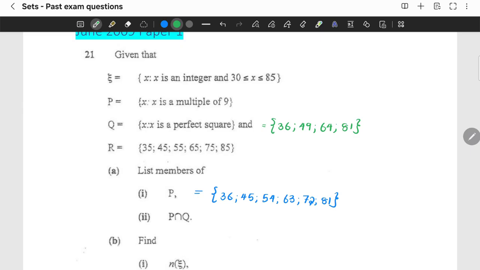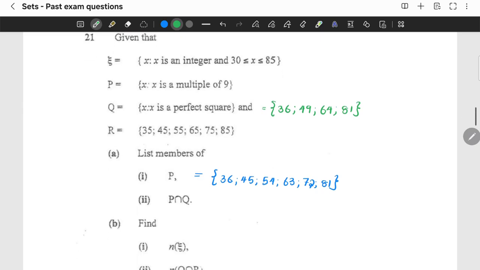Those are the perfect squares between 30 and 85. So now P intersection Q, we're looking at what is common, right? So 36 is common and 81 is also common, such that P intersection Q is going to be 36 and 81.